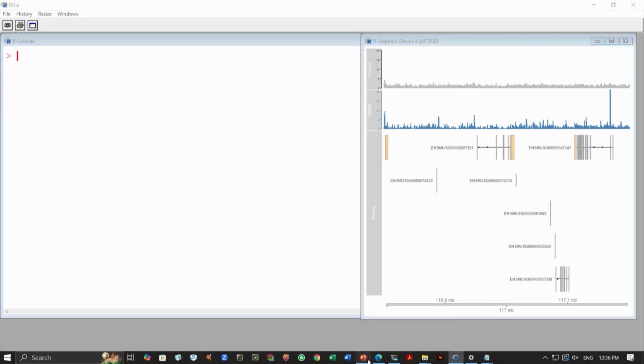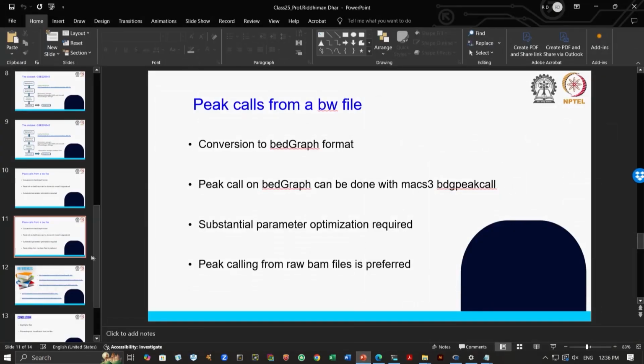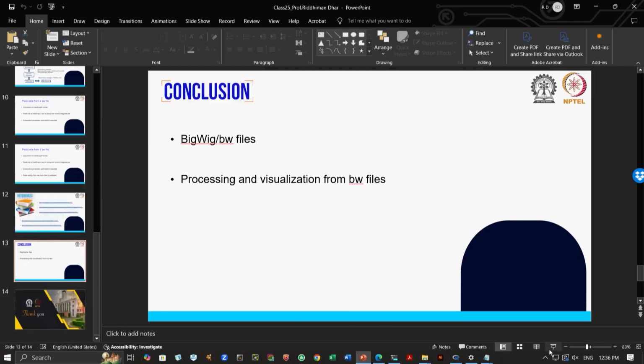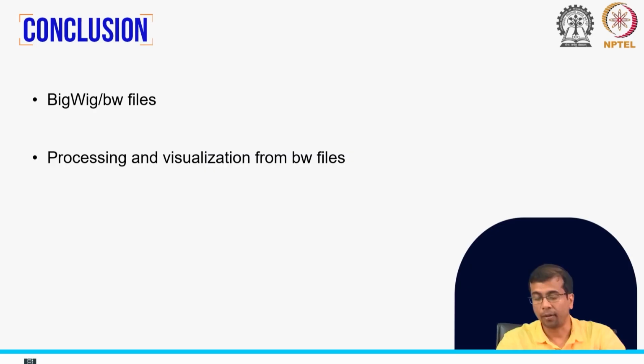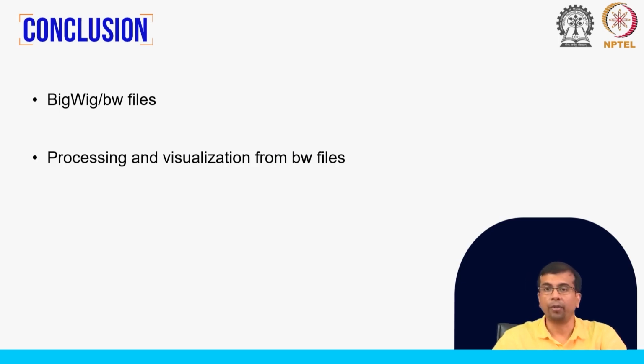Okay. So, we have now looked into the two data sets here, and I will go back to the final summary. We have now looked into bigWig or BW files. In this exercise we have converted these bed graph files to bigWig files. This is useful when you want to deposit your own data, analysis that you have done, and you want to put that data somewhere.